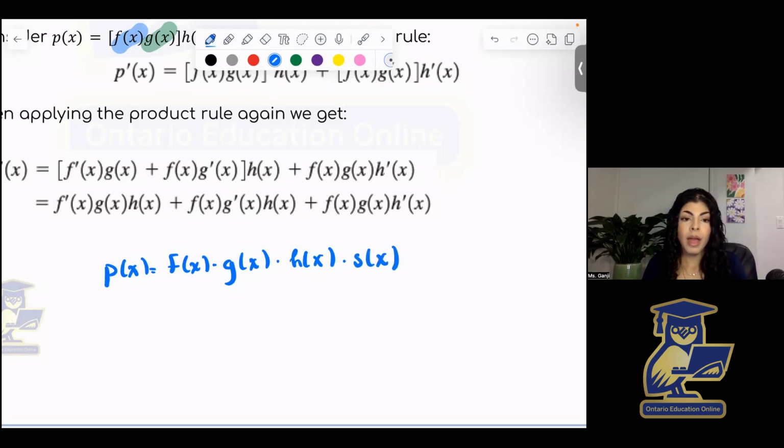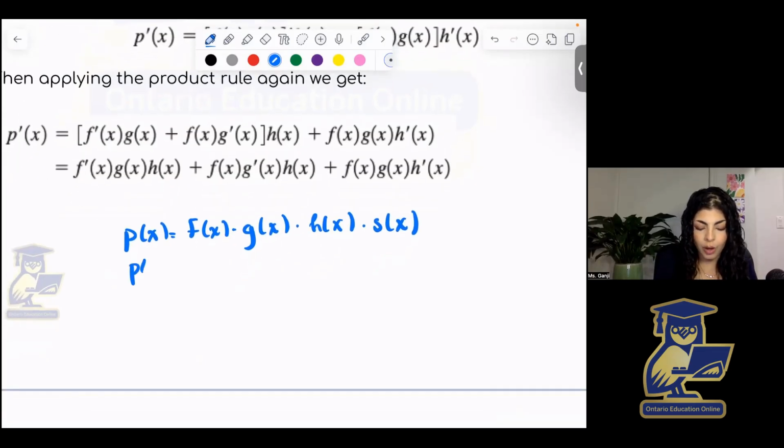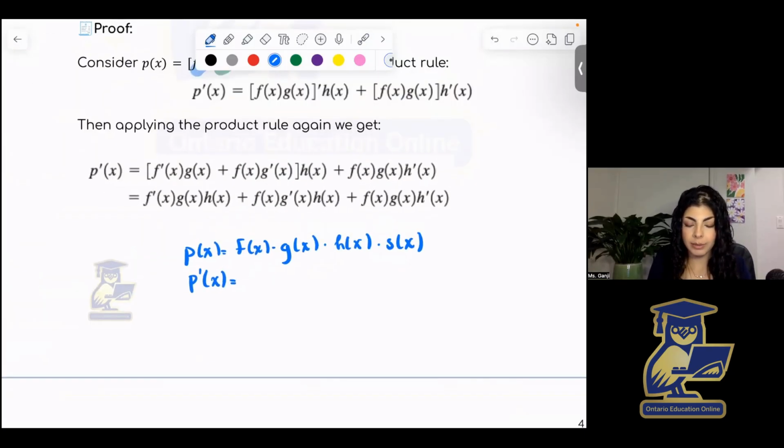There we go. Then what would the product rule look like here? So what would the derivative of P of x be here? And there is actually a pattern, as I'm sure you saw already. So here you're just practicing applying the pattern to see what you would get. And as a hint, your final answer should have four terms added together.